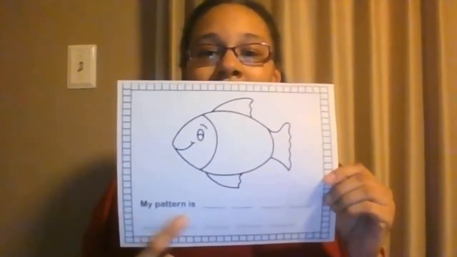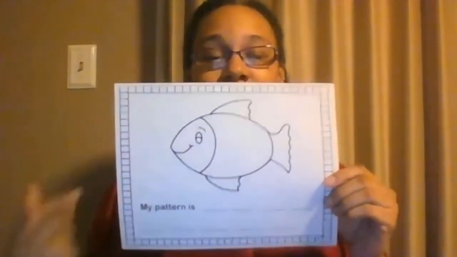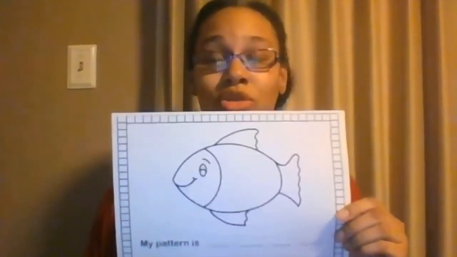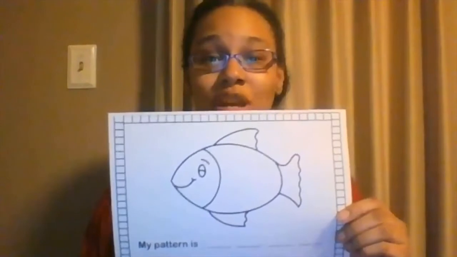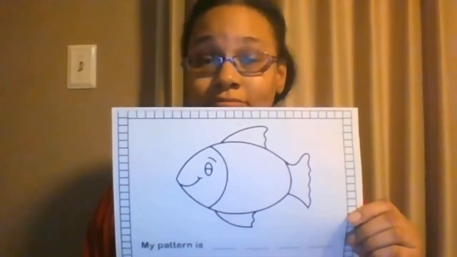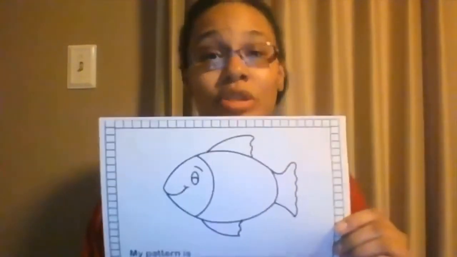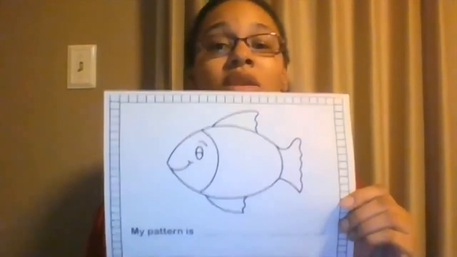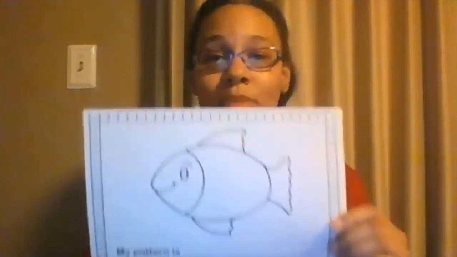So my pattern is, there's your fish. So that means you can draw on your fish and make a pattern using your coloring tools and then draw out what your pattern is.